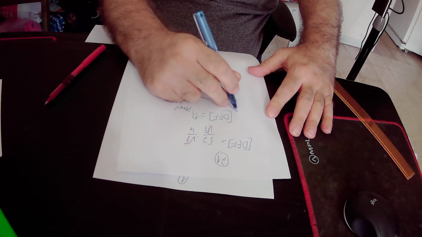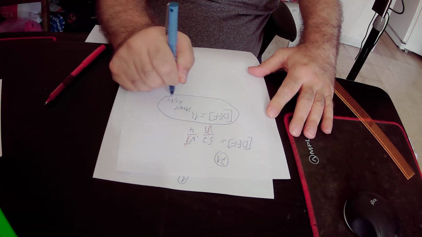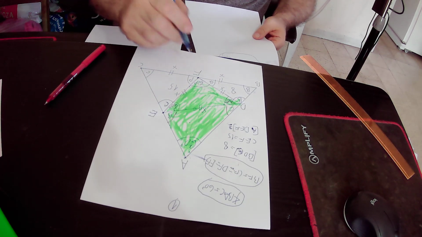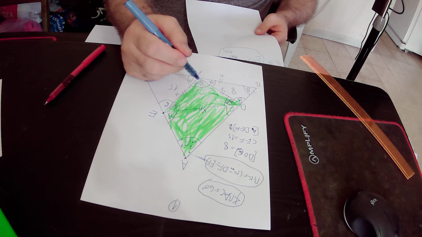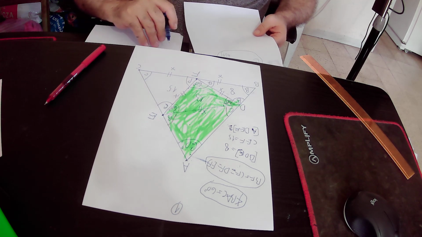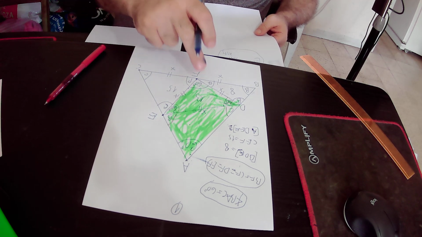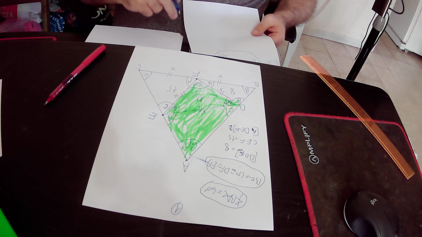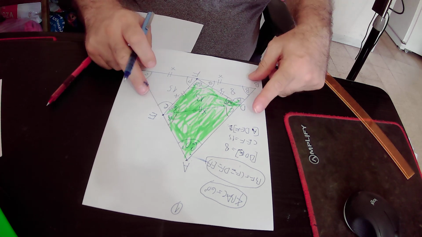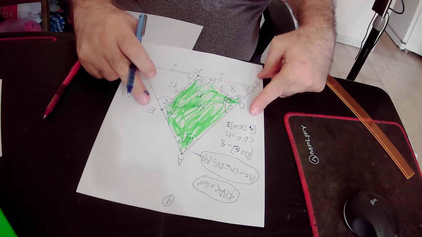Okay, so the area of this equilateral triangle, triangle DEF, equals to 13 square units. So after we found out the area of the equilateral triangle, it is very easy to calculate the area of the quadrilateral DBEC.